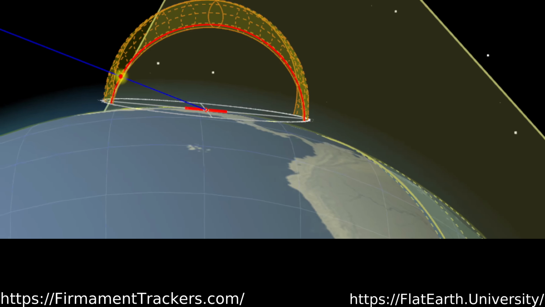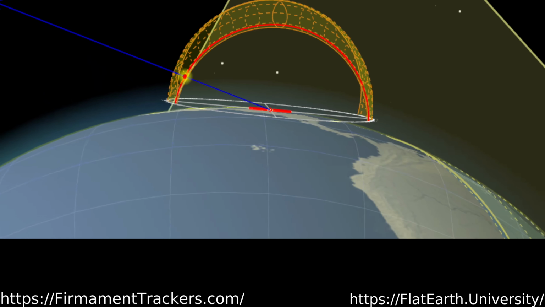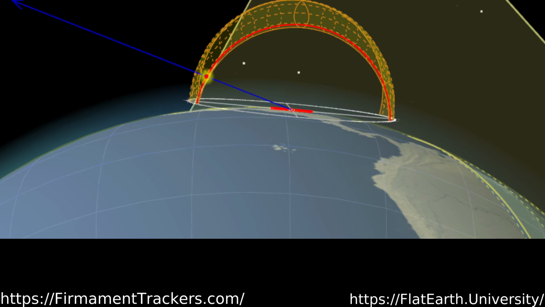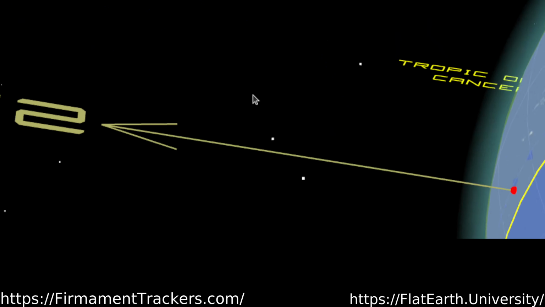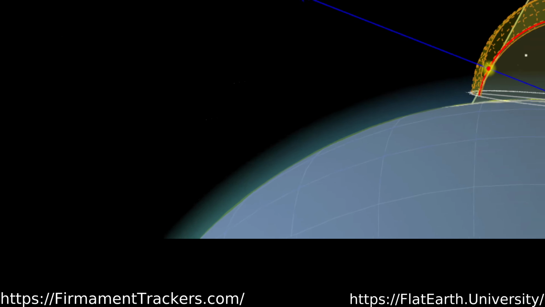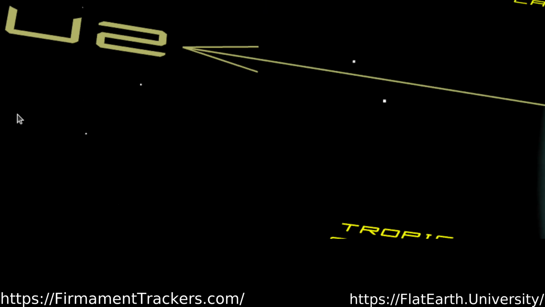So what they're trying to do is match as close as they possibly can to the flat Earth model by projecting it onto a sphere. But as you can see, it doesn't actually work out because it can't actually point to where the sun is. These angles will never match up.